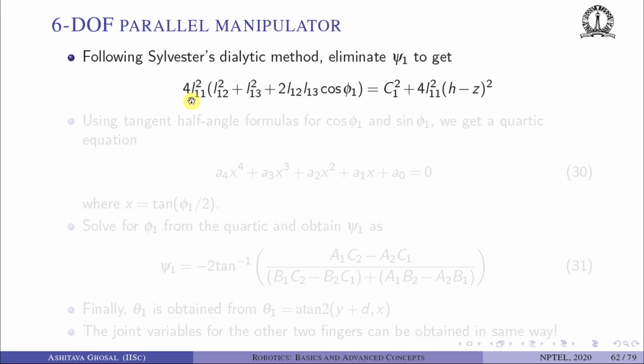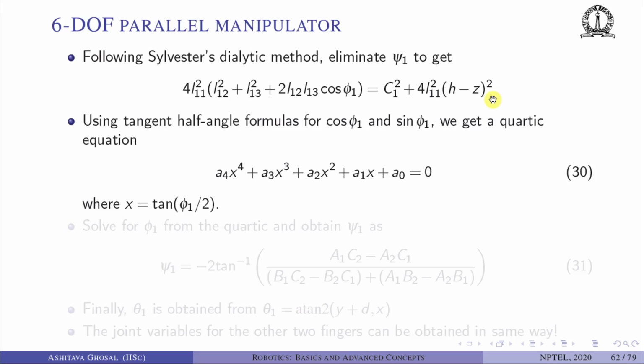In this case, that will lead to one single equation in phi 1, in terms of all these constants. So C1, L1, Z, H, all this will show up. It's a single equation in cosine phi 1, and we can substitute the tangent half angle for cos phi 1 and sin phi 1, and we will get a quartic equation.